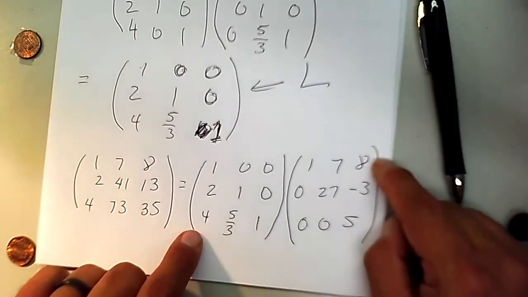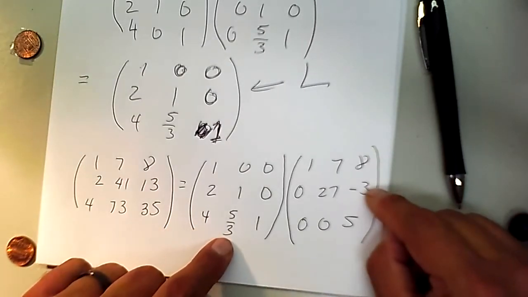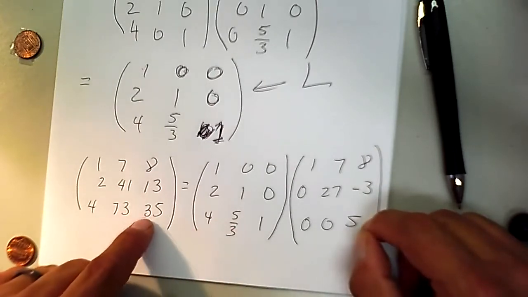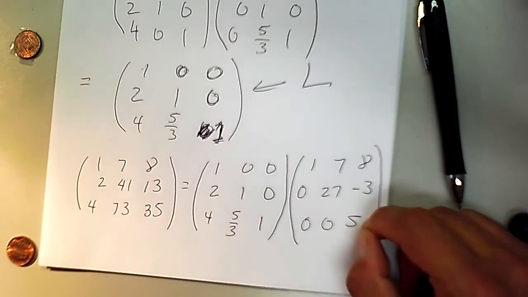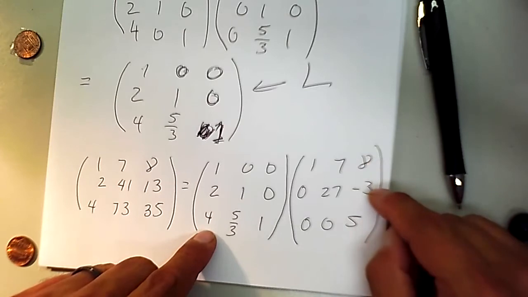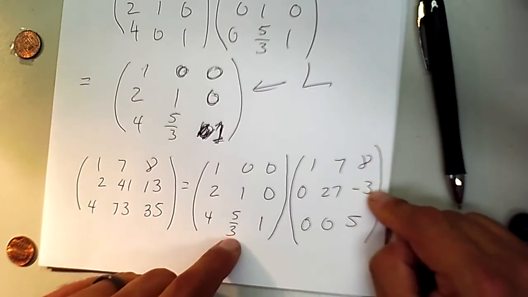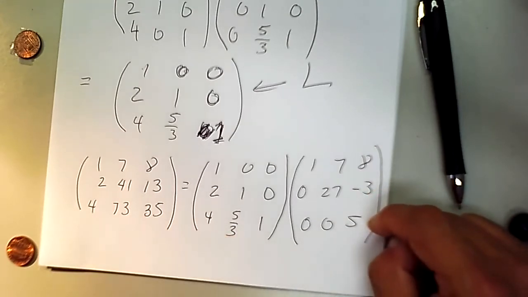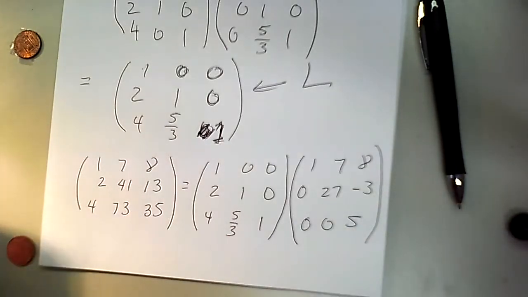Let's see, 32 minus 5 plus 5 is 32, and we don't get 35. 4 times 8 is 32. -3 times 5/3 is -5, but then we're going to add 5 again. So what did I do wrong? Let me double check what I did earlier as I was coming up with this.